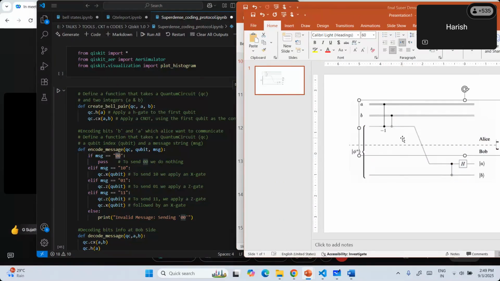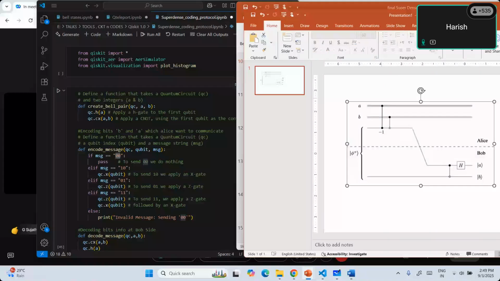So Alice wants to send A and B. This is the information A and B here. These 2 bits of value we are taking as input from the user, and we are encoding that part.